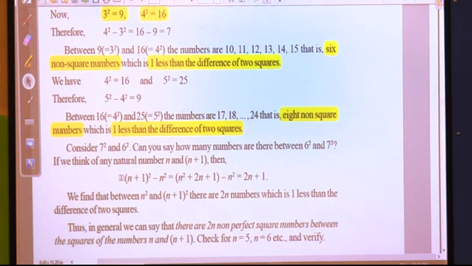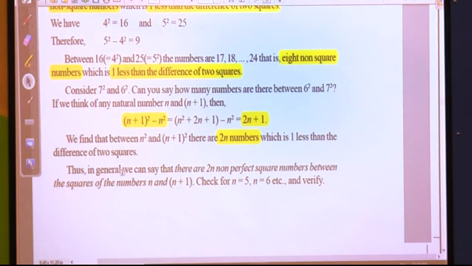Here is the difference of 2 squares, n plus 1 bracket square minus n square. What is the answer here? It is 2n plus 1. And what are they explaining here? We find that between n square and n plus 1 bracket square, there are 2n numbers, which is 1 less than this, which is 1 less than the difference of 2 squares.